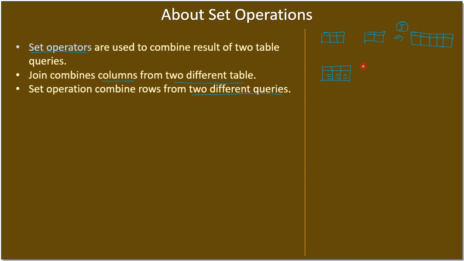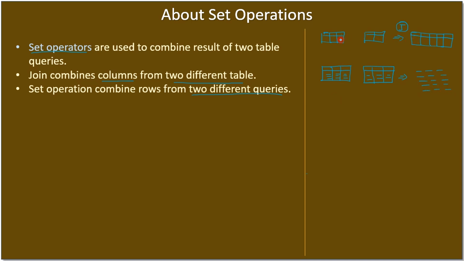And let's consider one more table that also contains three columns and two records. With the set operation, you can mix these two and you can get all five rows.